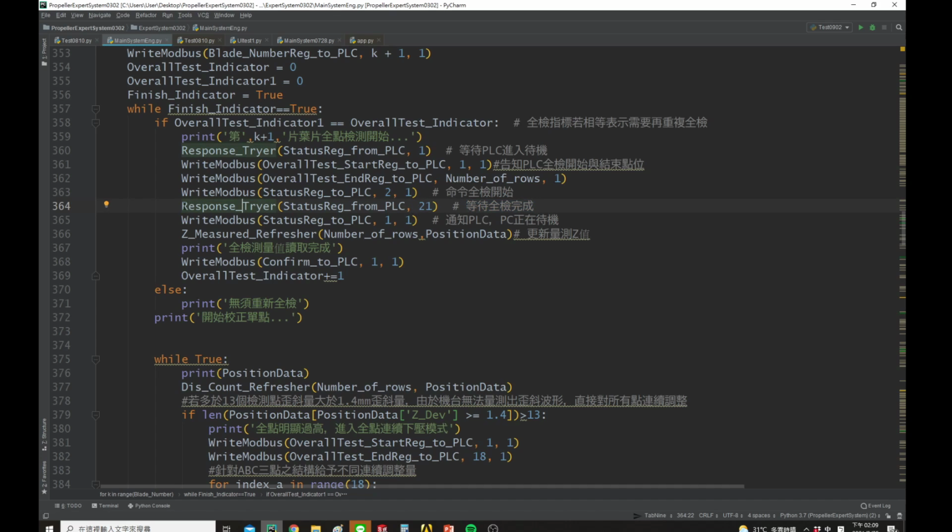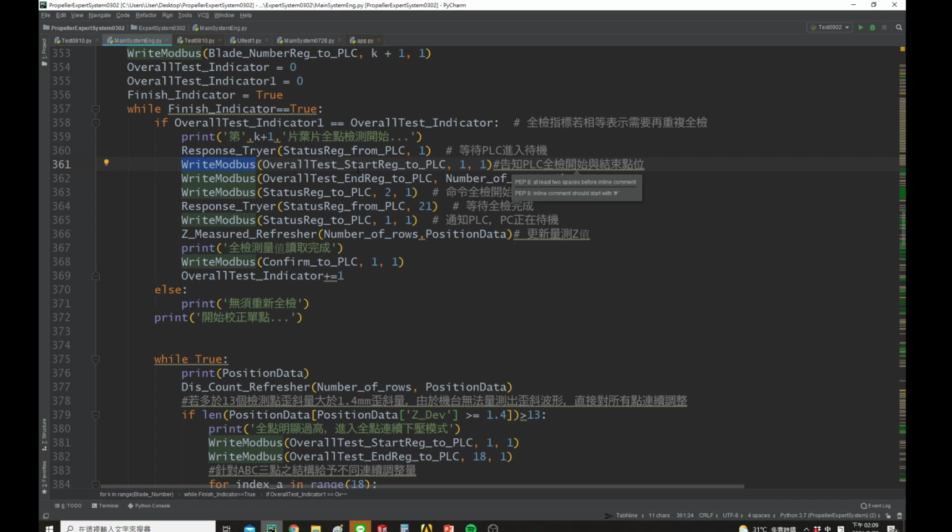So we use this response trier function. It is a function for waiting for the response from the PLC, and this one is where we write a value into the PLC register. Writing a value means writing the movement, the displacement, the range of the pin.